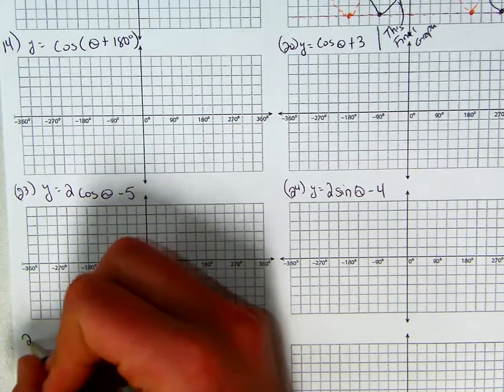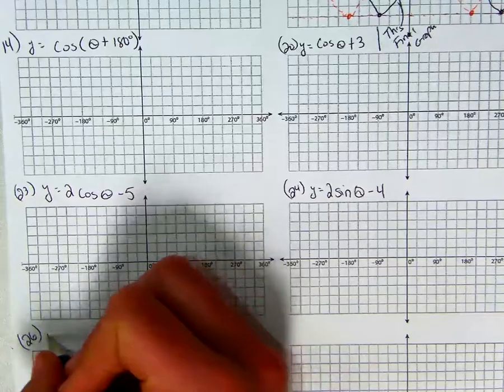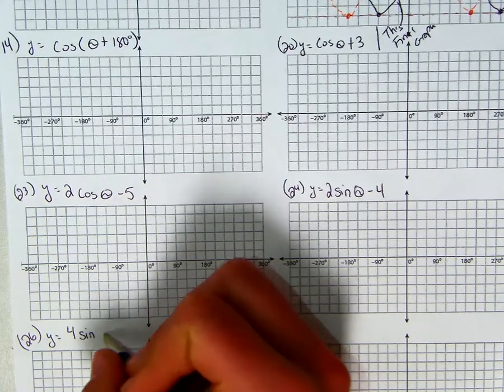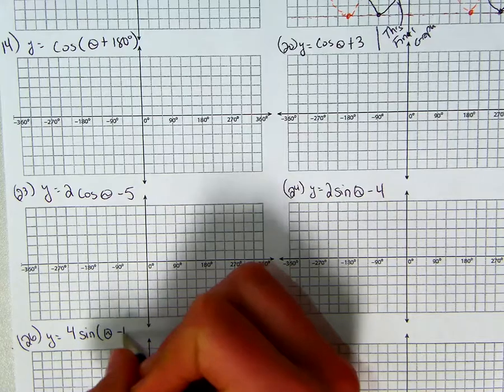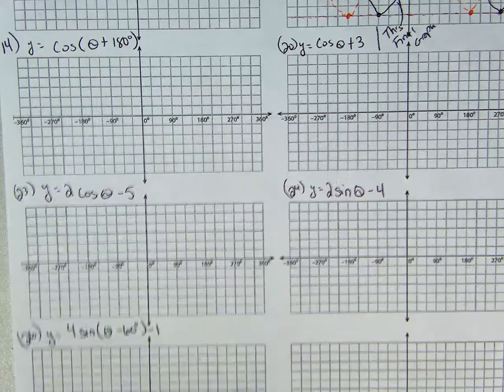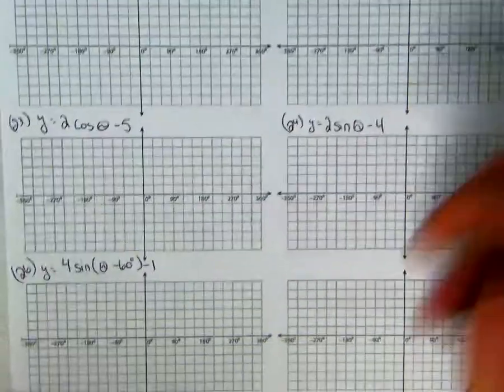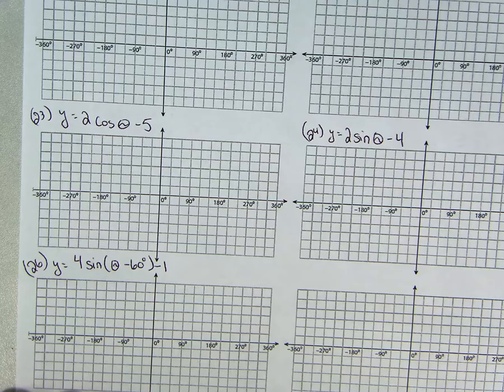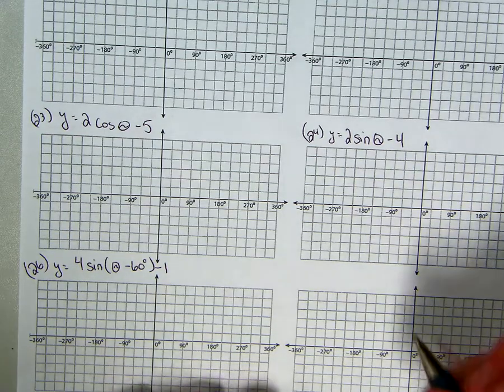Then we have 26, y equals 4 sine of theta minus 60 degrees, minus 1. And again, remember, on the x-axis, each one of these little grid marks is 30 degrees, so that shouldn't be too much of an issue.